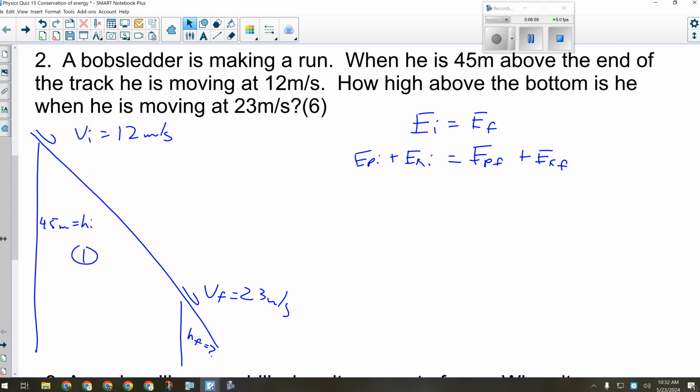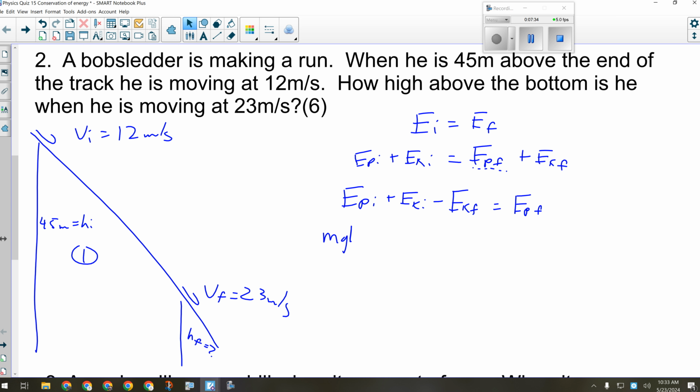What I'm looking for is final height, which is part of that term. How do I get that by itself? All right, subtract EKF over to the other side. So we've got initial potential plus initial kinetic minus final kinetic equals final potential. Do I need to put my formulas in now? Yeah, HF's not on the board yet, so I've got to get it in there.